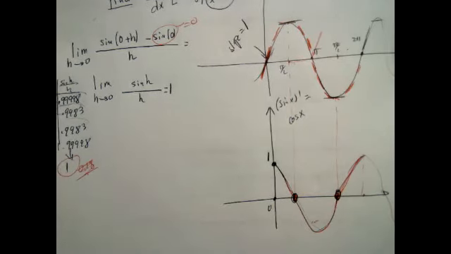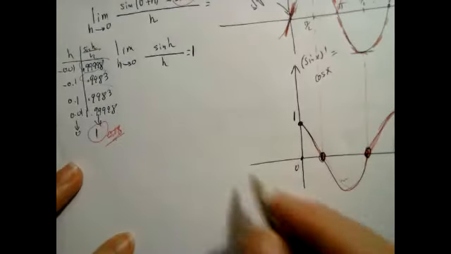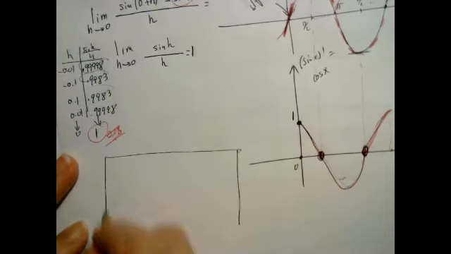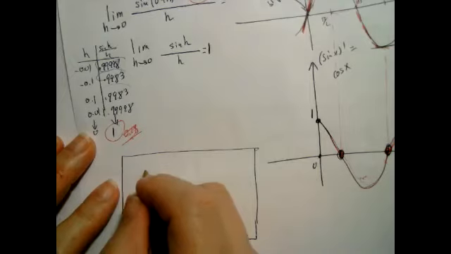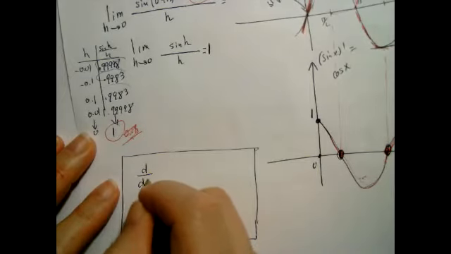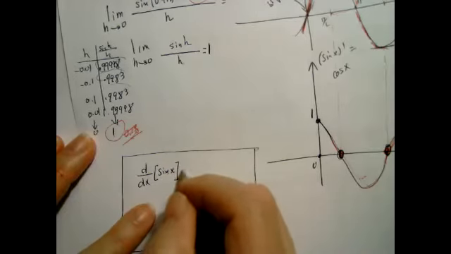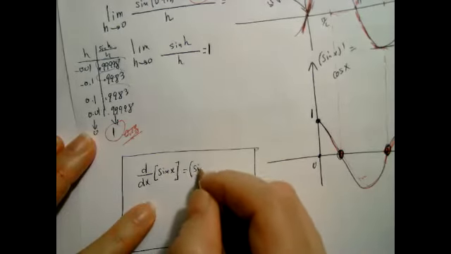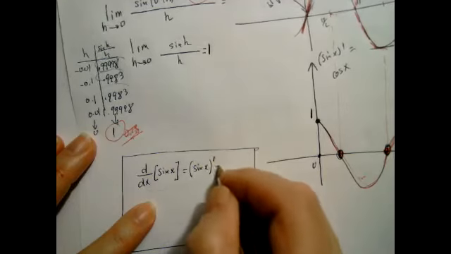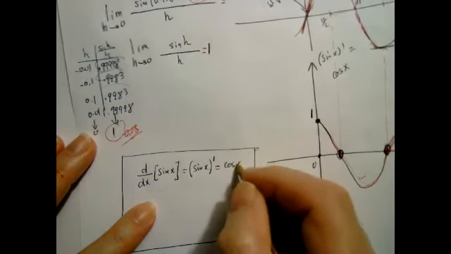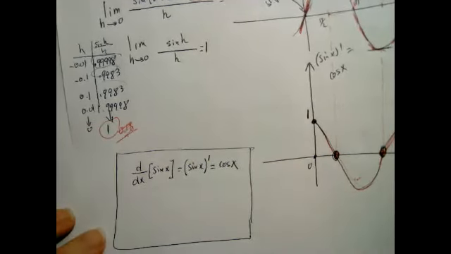So this tells me the first important rule here, and stuff like that you have to memorize. The derivative of the sine function, d/dx of sine x, or for short, sine x prime, is equal to the cosine. Absolute memory.